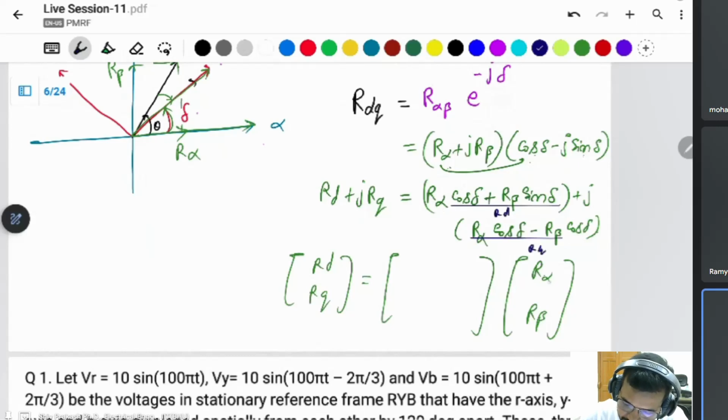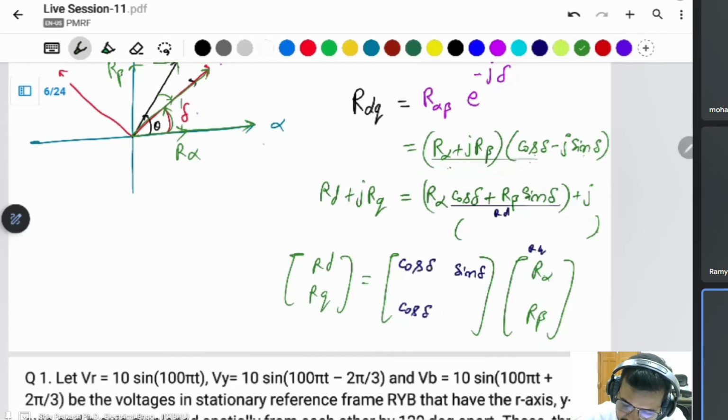Then RD has alpha magnitude cos del, and beta is sin del. For RQ, cos del. There is some mistake, I think. If you multiply this one to this one, you get the real part.